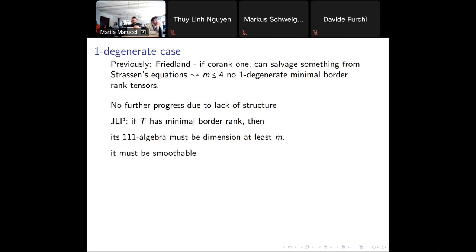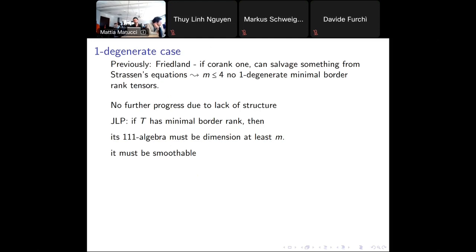But then it has to be smoothable as an algebra. So this is a theorem that is not entirely obvious in the sense that this 1-1-1 algebra is not obviously connected to our original tensor. So there's no obvious way to take a curve of tensors here and get a curve of 1-1-1 algebras in the way I described, because there's no natural parameter space.